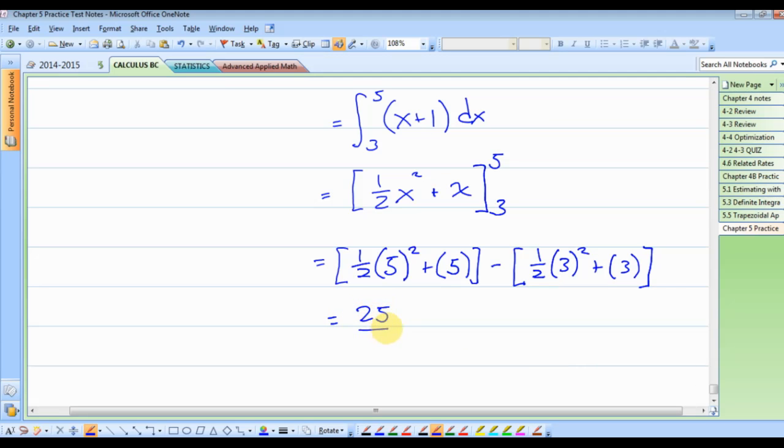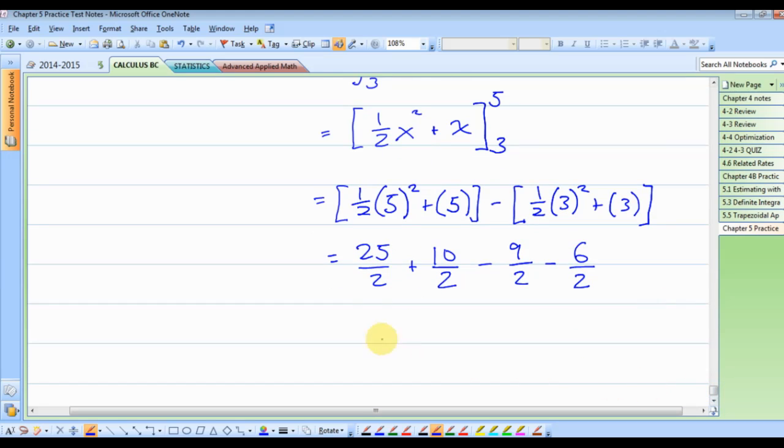That's 25 halves plus 10 halves minus 9 halves minus 6 halves. Isn't that clever, putting everything over 2 right now? 25 plus 10? 35 minus 9? 26 minus 6? 20 over 2?